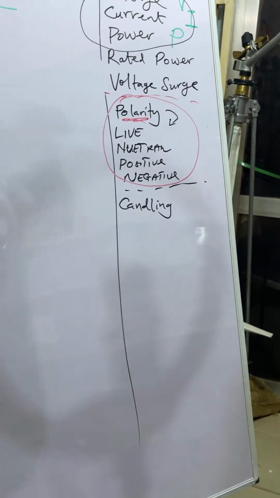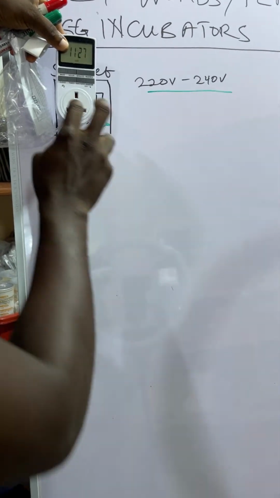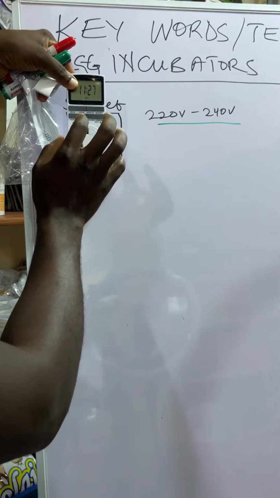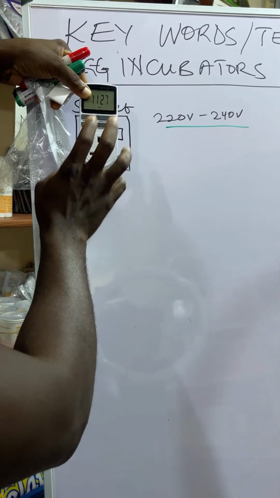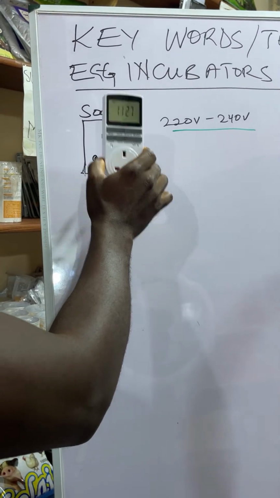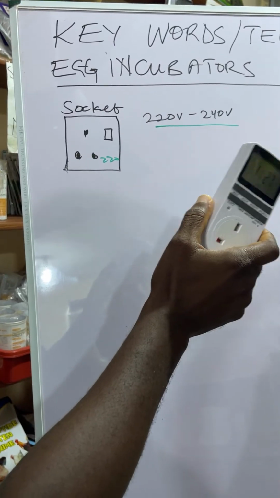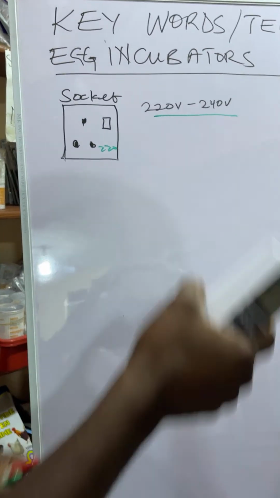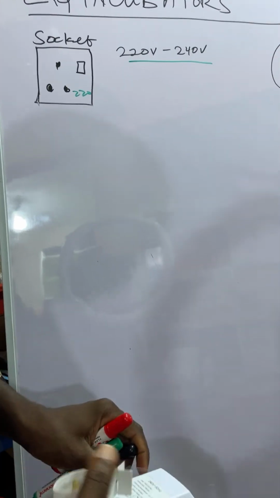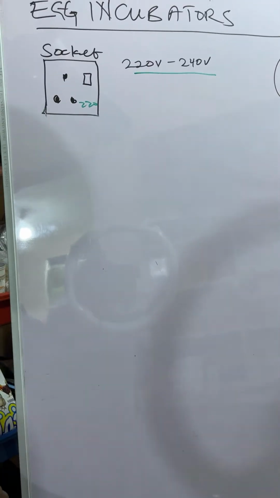This one goes to your socket, then you connect your incubator to it, and it will read whatever power or current your incubator consumes. At the end of the day or the month, you'll use it to judge whether your machine is consuming too much or too little. The good thing is that your machine will work efficiently and still consume low electricity.